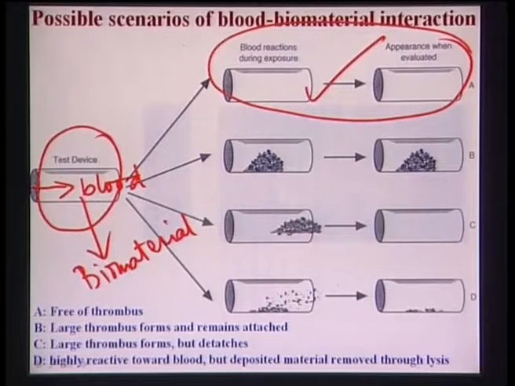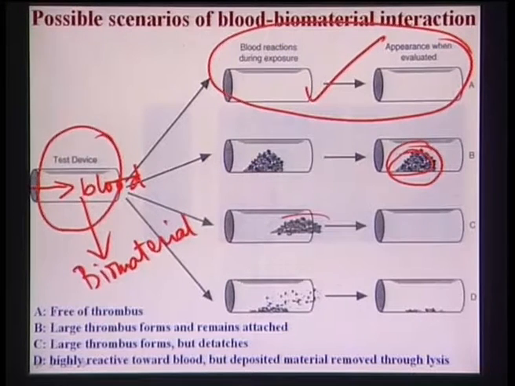Now, when a biomaterial is non-hemocompatible, what you see is that it is thrombogenic, or it causes thrombus formation. Thrombus means the aggregate formation of the blood cells, combined with the blood proteins, forming individual thrombi, and then a large thrombus forms.